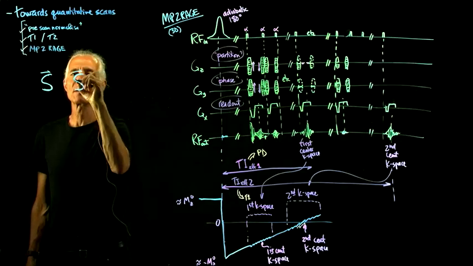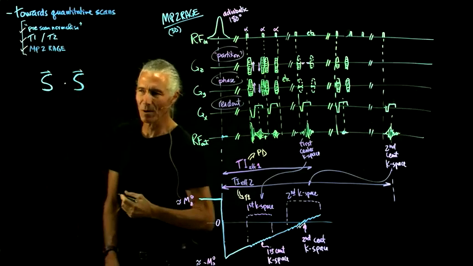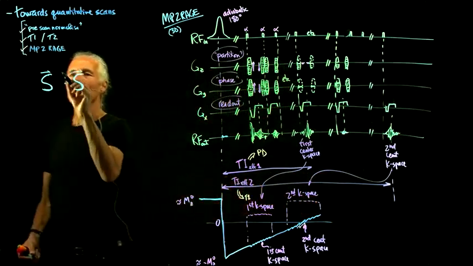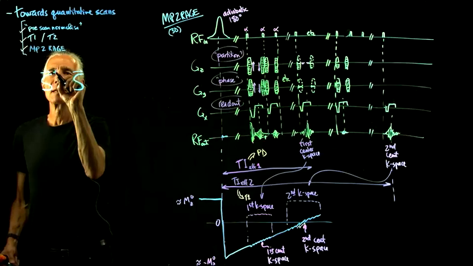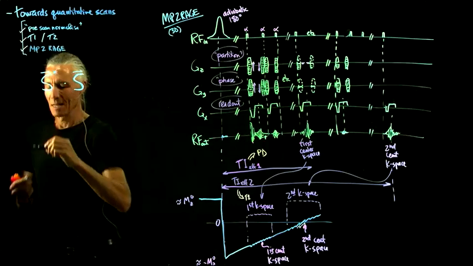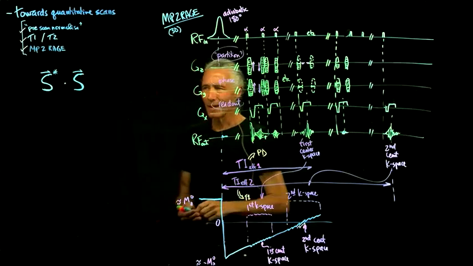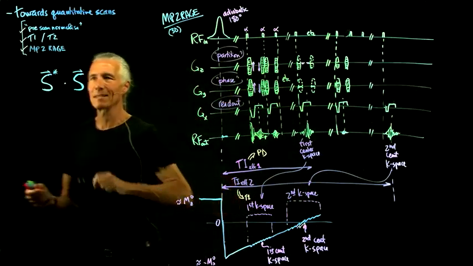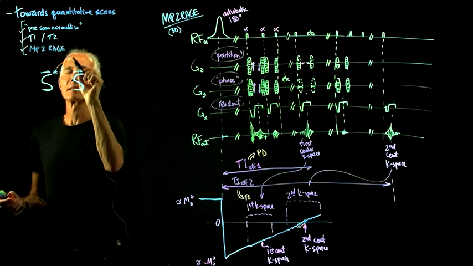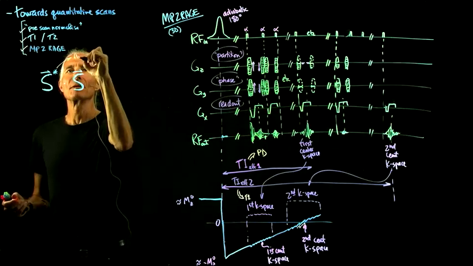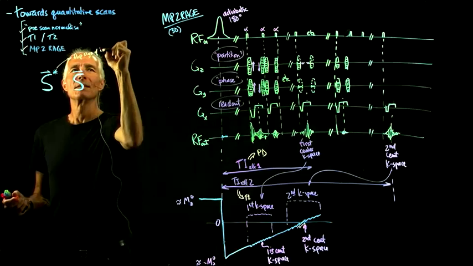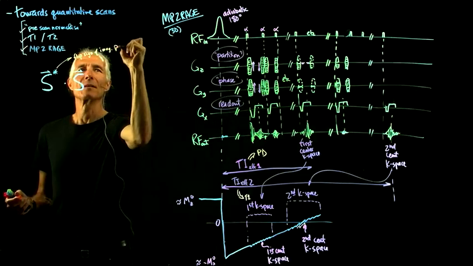If you want to square the amplitude of a complex number, we usually take that number and multiply it by its complex conjugate, which means flipping the sign of the imaginary part.